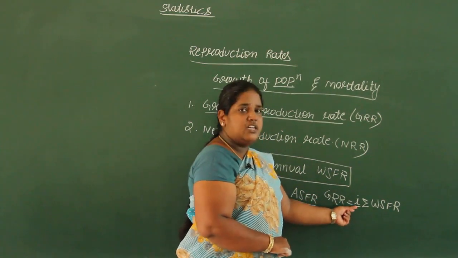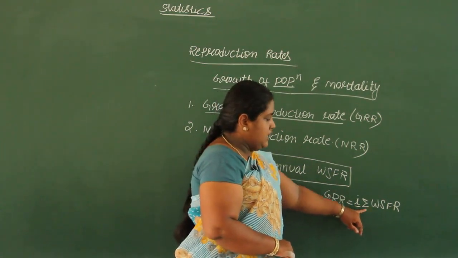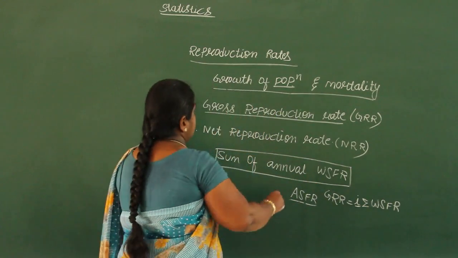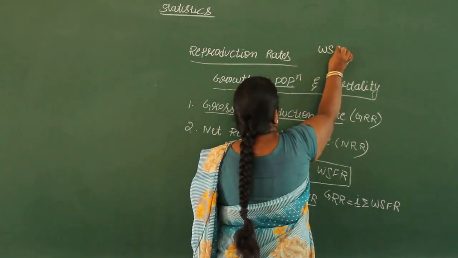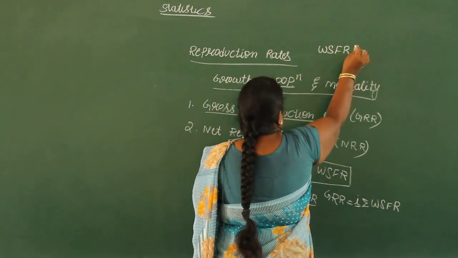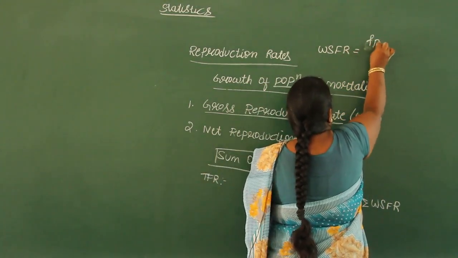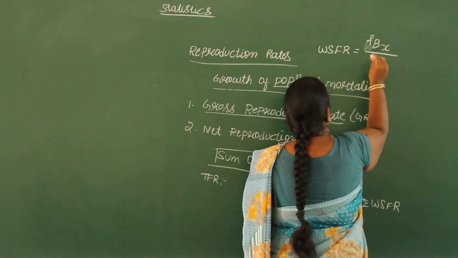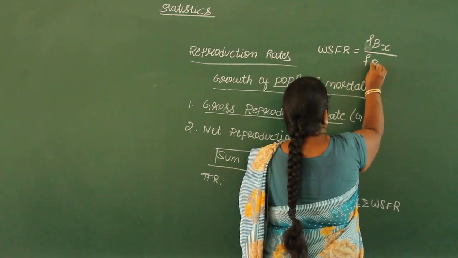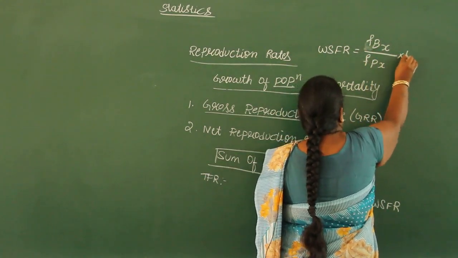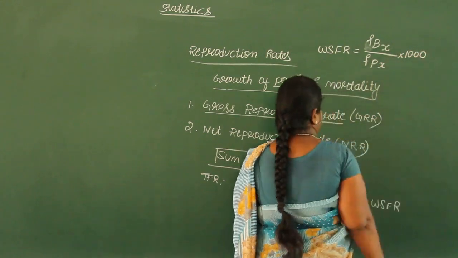So in general we are taking it as I. WSFR is the female birth at time X divided by the female population at time X into 1000.